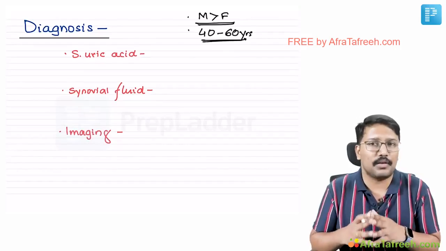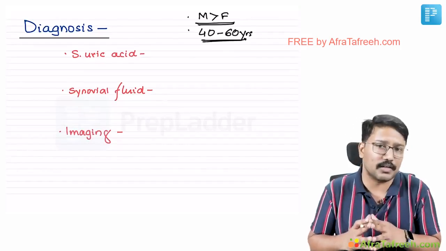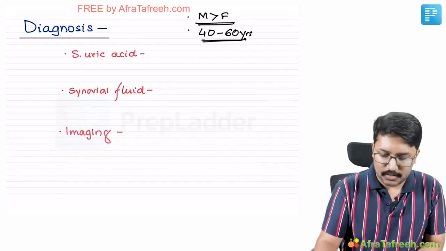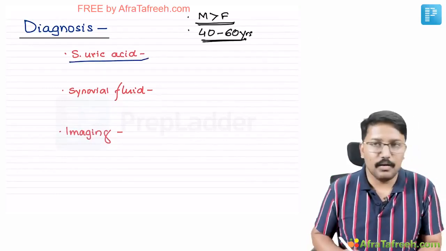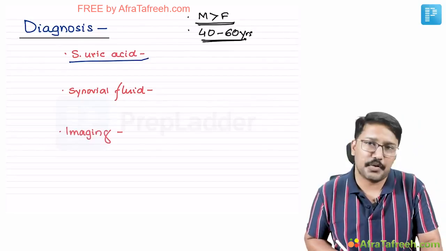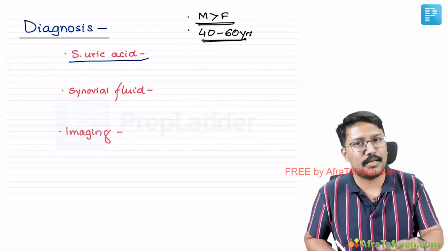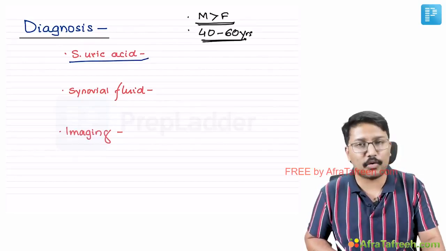So we have to think of a definitive diagnostic strategy. Can uric acid be a definitive diagnostic strategy? Well, it has a good negative predictive value. It doesn't have a great positive predictive value, but it has a good negative predictive value, particularly when we're talking about acute gout.